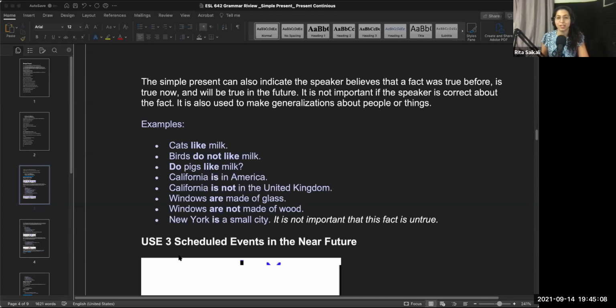So it doesn't matter if you're telling me the sky is purple or elephants are pink, as long as the speaker believes that fact is true. It is also used to make generalizations about people or things. The boy is tall. My grandma is old. Cats like milk. Birds do not like milk.